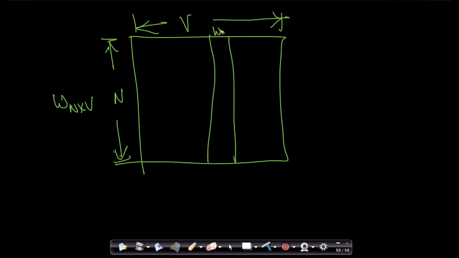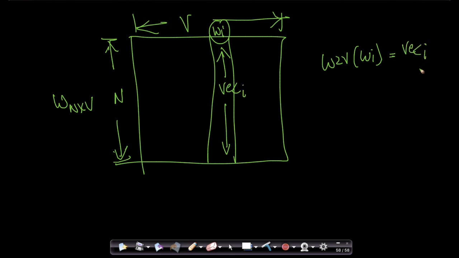Given any word Wi, there is going to be a corresponding column in this, and I'll use this vector that I get. So whenever I say Word2Vec of Wi, what I return is vec i, which belongs to n dimensions.